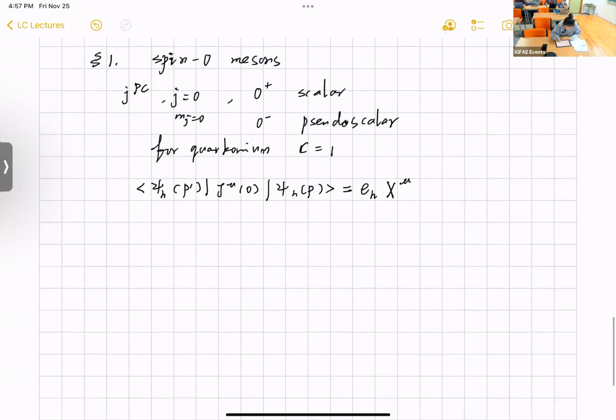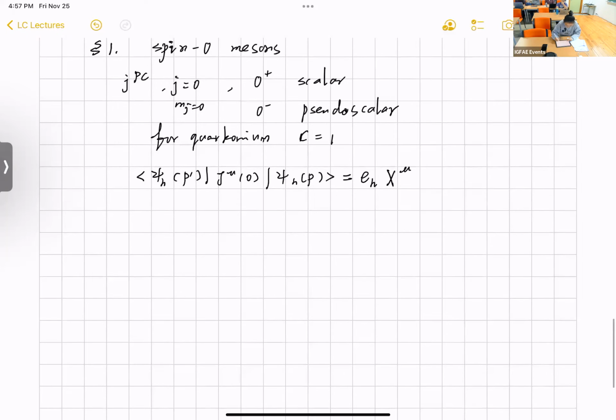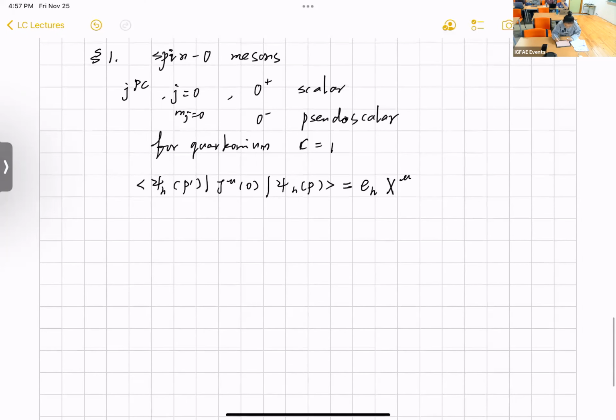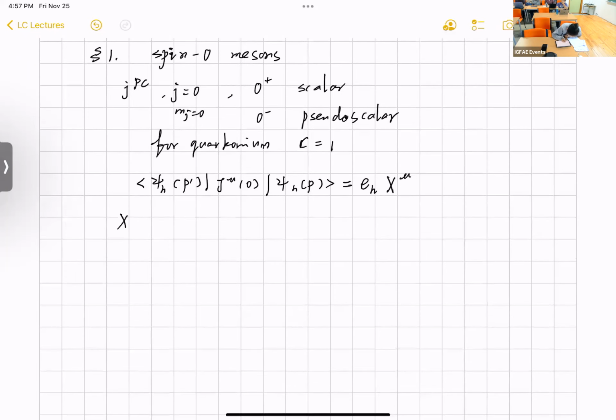This X mu should be some vector. To do this decomposition, we first need to find out what are the candidates of X mu. If you think about this process of a photon, of course the photon has not entered here yet because that is the polarization vector to be contracted with J mu. So in this process, what comes in are the momenta of the initial and final photon, right?